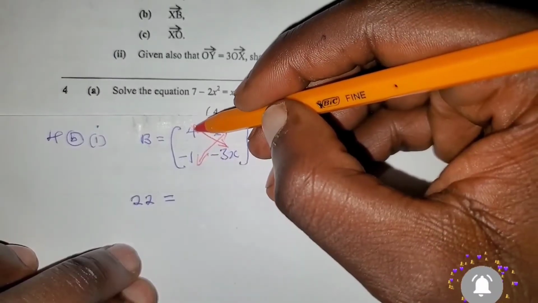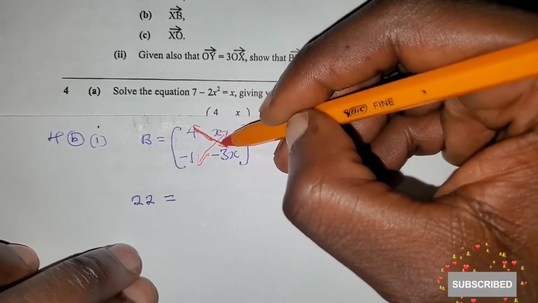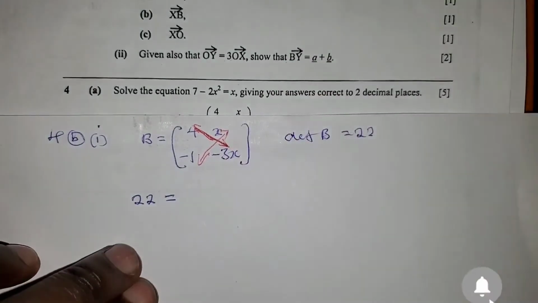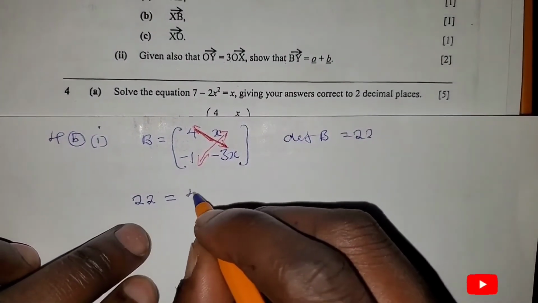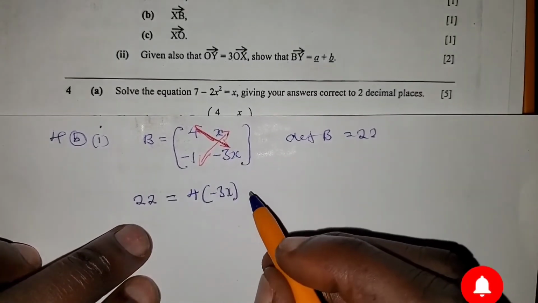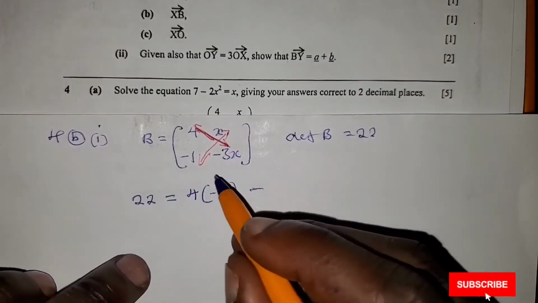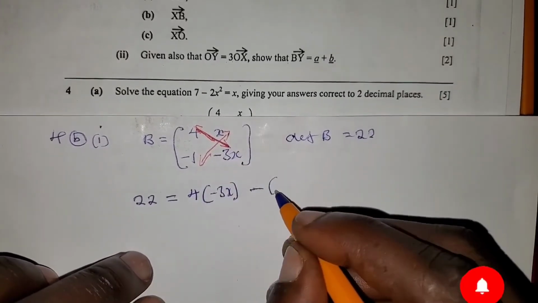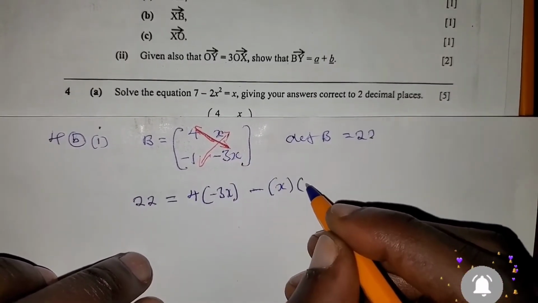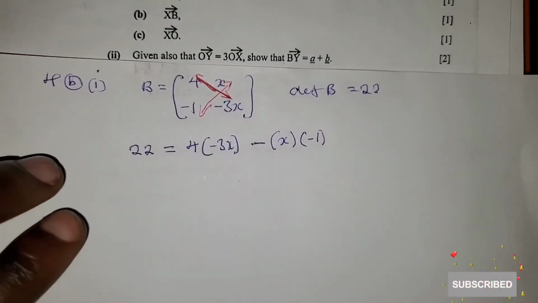So you multiply everything that is in the major diagonal. So we're going to say it's going to be 4 times -3x. Then you subtract the minor diagonal. So we're going to say x times -1, as simple as this.